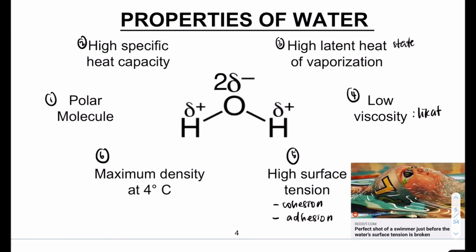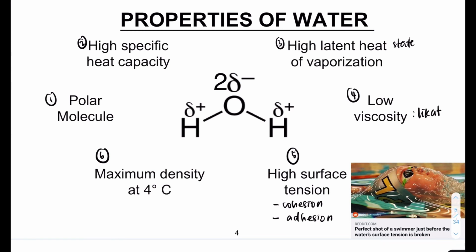Okay, so the last property of water yang kita akan belajar ialah maximum density at 4 degree Celsius. Okay, so 4 degree Celsius ini, water is still in liquid state lah, masih dalam bentuk cecair. And density itu maksudnya ketumpatan. So the maximum density of water is at 4 degree Celsius. Dalam bentuk dia masih sebagai cecair, bukan ice, bukan solid state.